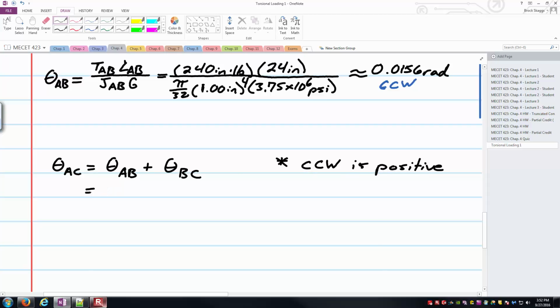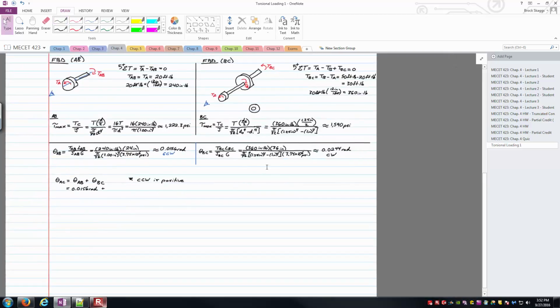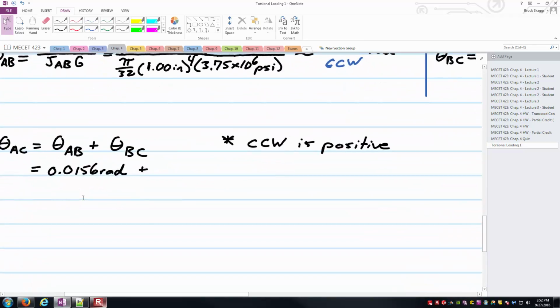And so that way when I write theta AB, it's 0.0156 radians. And then I have plus theta BC. Well, theta BC, though, is clockwise, so it's got to be a negative value. So it'll be plus a negative 0.0244 radians. Again, that's because of the direction in which theta BC is rotating.